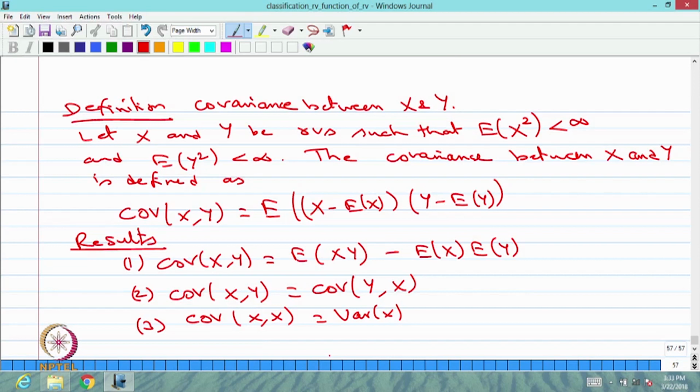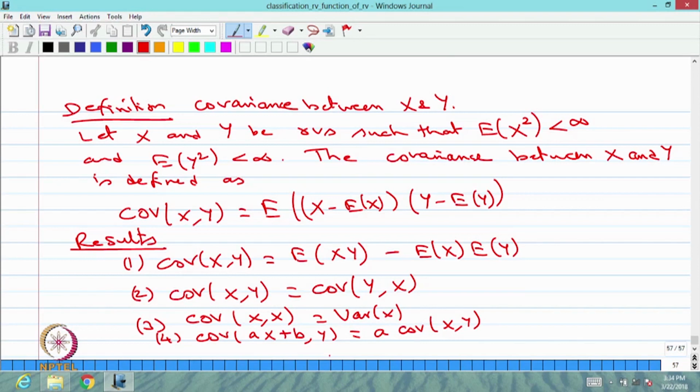The fourth property: the covariance of ax plus b with the other random variable y. If you expand using the definition of covariance, you will get a times covariance of x comma y, and covariance of b with y, which is going to be 0.